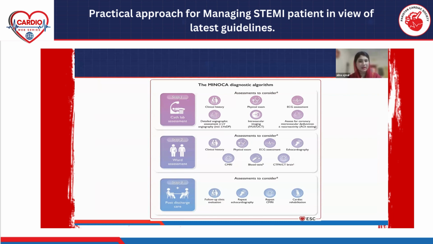We have taken the clinical history, done the physical examination, the ECG assessment, and the angiographic assessment, but still we have reached nowhere. So go for CMR, blood tests, CTP, and CT brain also, right? And your disease-specific management should be according to the diagnosis based on CMR.